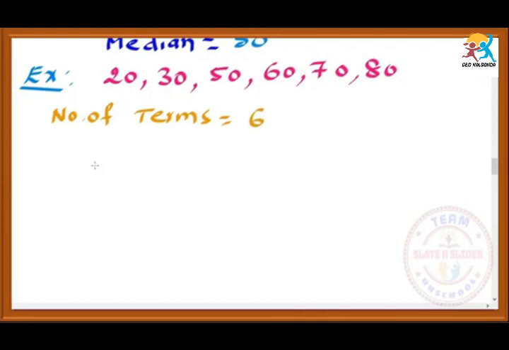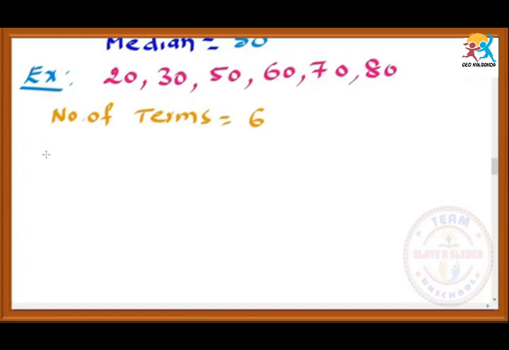There are 6 terms. For 6 terms, how should we find the middle term? Suppose we take the third term as the middle term. From the left side, the third term is 50. From the right side, the third term is 60. How is it possible? It's not possible.